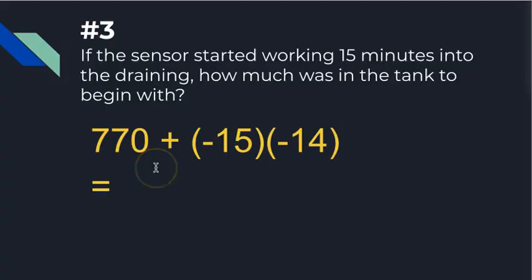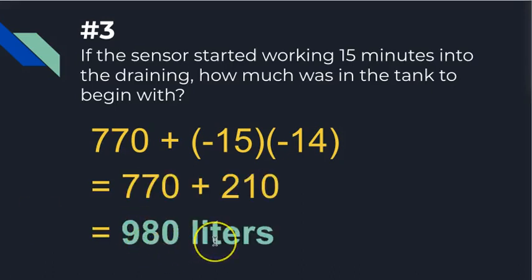What about here? If the sensor started working 15 minutes after the draining process started out, how much water was in the tank to begin with? Well, if we go back 15 minutes before, we know that it's 14 liters per minute. Yeah, we should have ended up with 980 liters, because there were 210 liters that had leaked out in that 15 minutes.